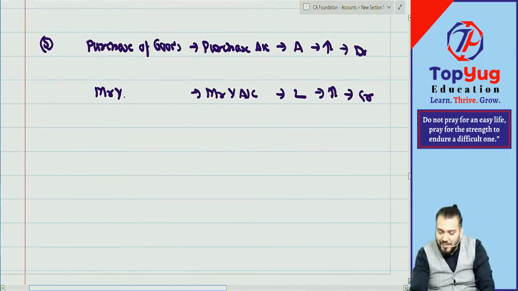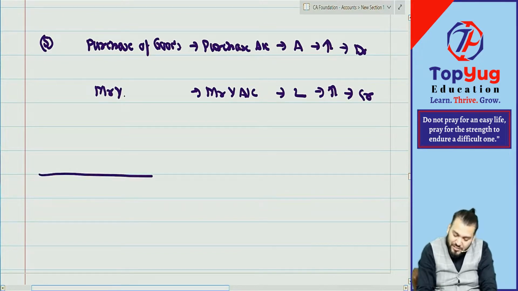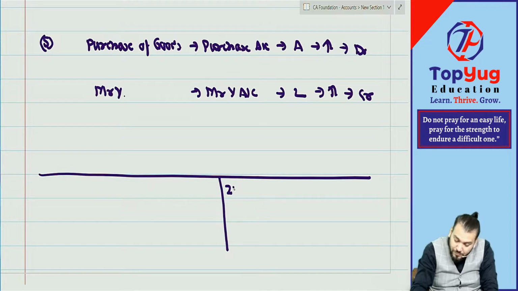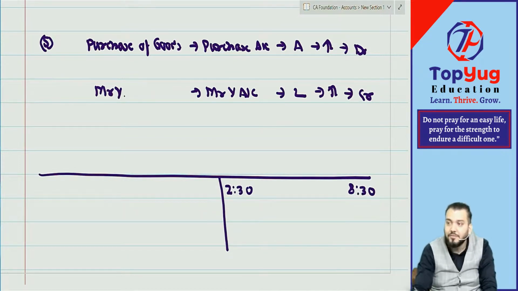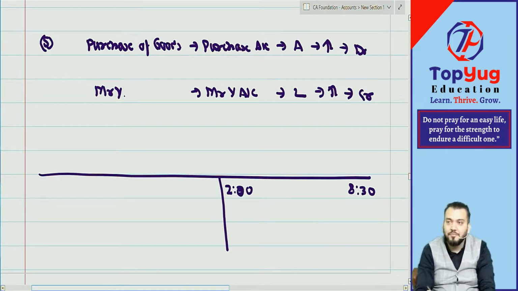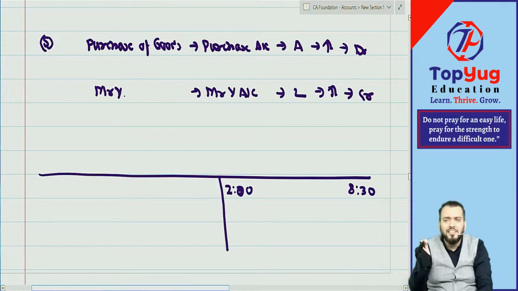Now, because we all have the same schedules right now, it is from 2:30 to 8:30. From 2 to 8:30 you are here. Now you reach home, I think by 9 or 9:30. Let us take 9:30.